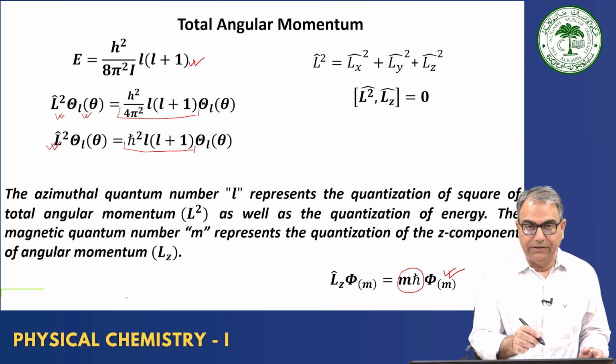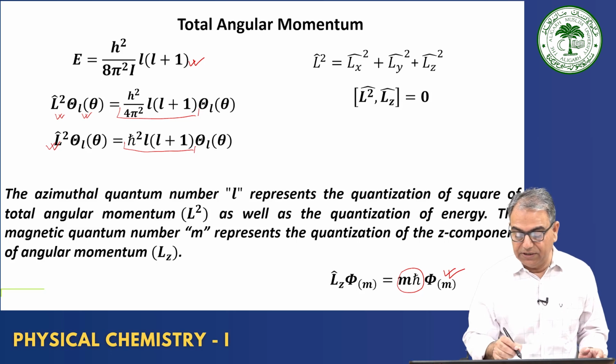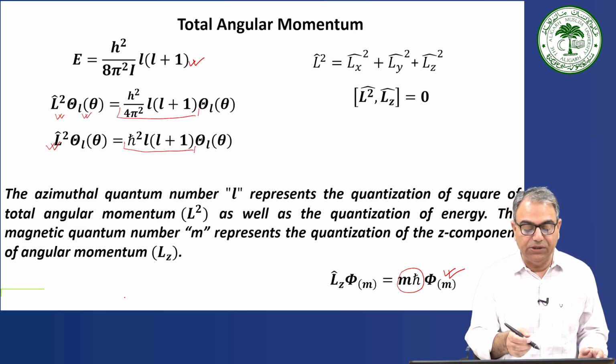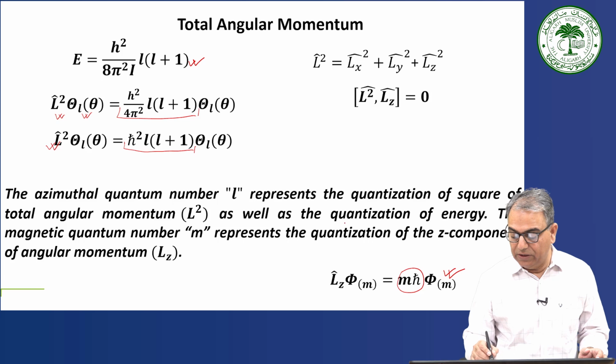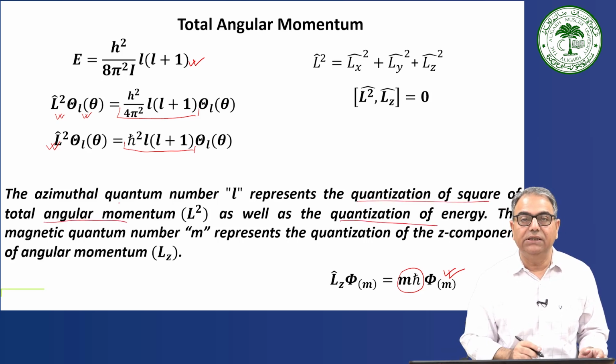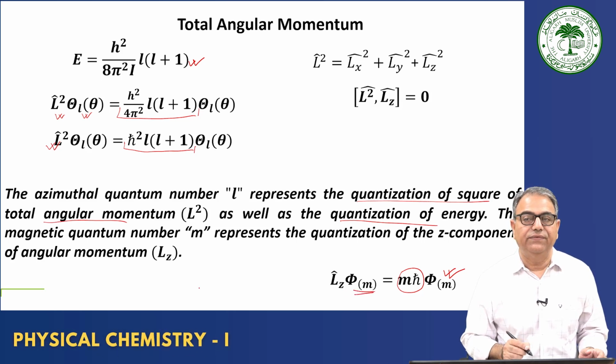So the physical significance of these two functions is that the theta function represents the quantization of the square of the total angular momentum, as well as the quantization of energy, and the quantization of the z component of the angular momentum is obtained from the phi functions. So physically these are significant quantities.